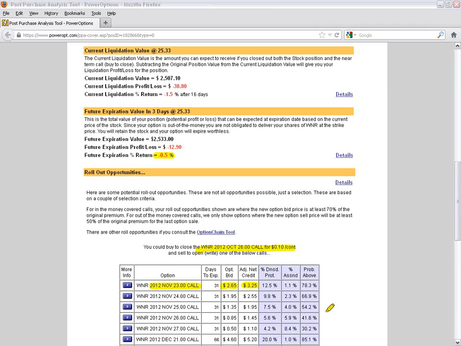What does that mean? Well, remember, we originally sold the call for 70 cents. We're buying to close our current call for 10 cents, so we keep the 60 cents from that original October trade, and we can collect $2.65. Now, so that puts our new adjusted credit at $3.25. This makes our new downside protection 12.5%, and a potential return of 1.1% if we're assigned at 23, and that's a 78.3% probability that we'd get assigned, that the stock would stay above 23.